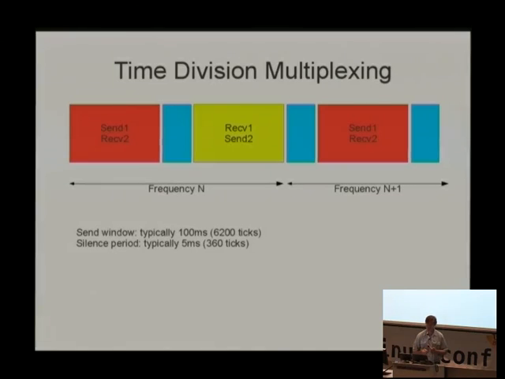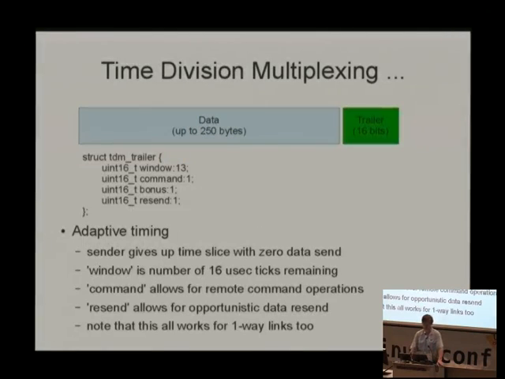And so what we need to do is have a slight twist on TDM where we allow these periods to be not the same for each transmitter. So one person can get slightly longer time slices than the other. So the way we do that is, this is how we pack the data that we send out over the air. We have up to 250 bytes of data there, and then we have a 2-byte trailer sitting at the end.